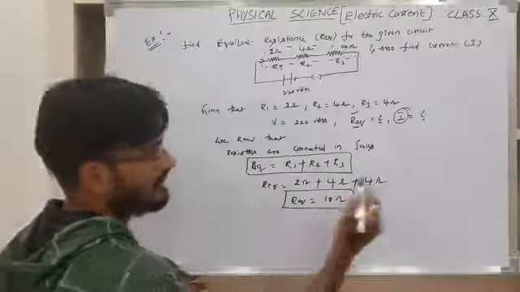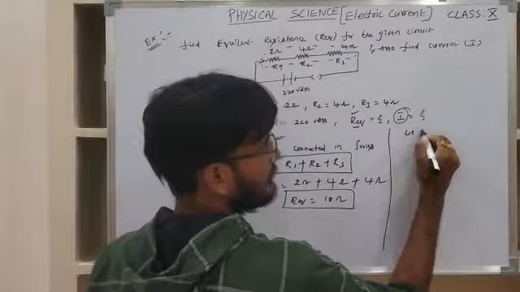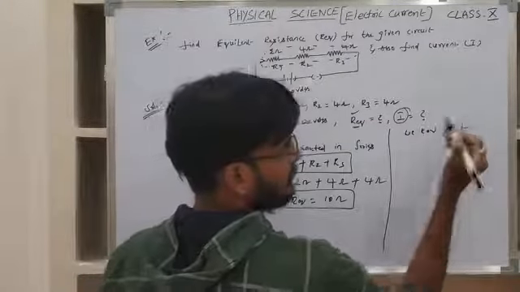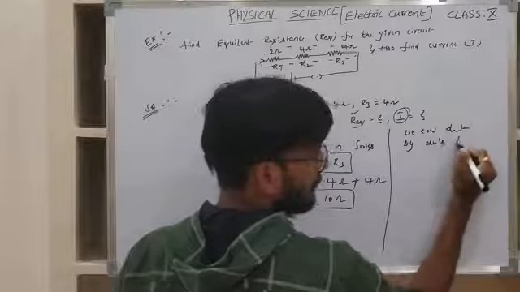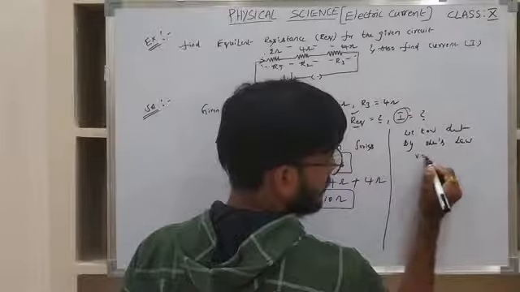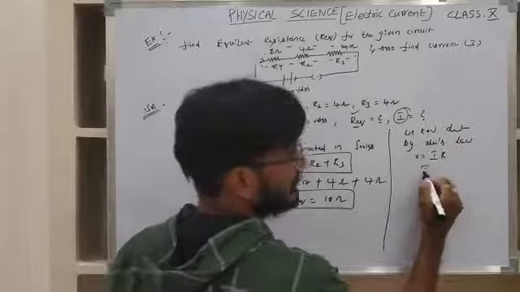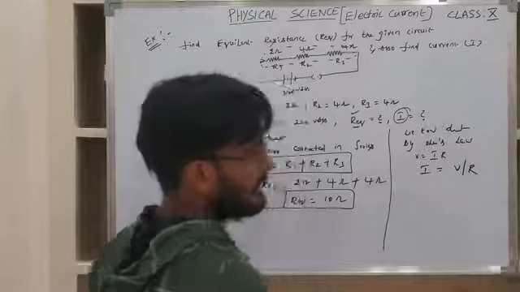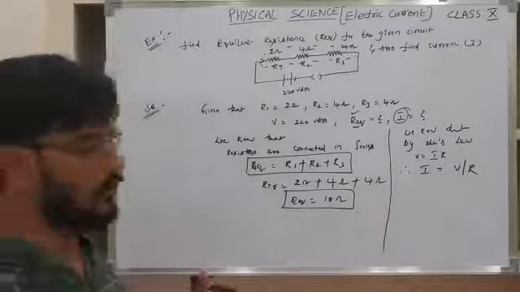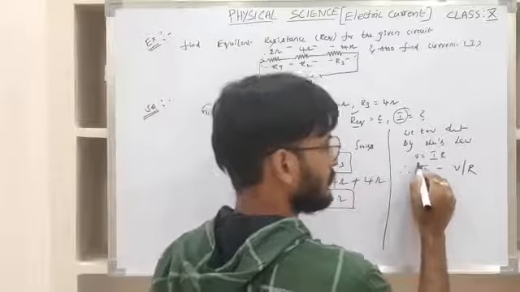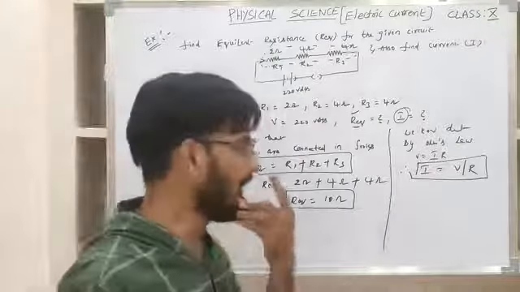So we know that by Ohm's law, V is equal to IR. Then I is equal to V by R. So this is the formula: I is equal to V by R.